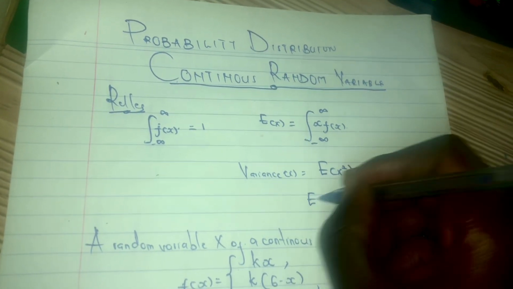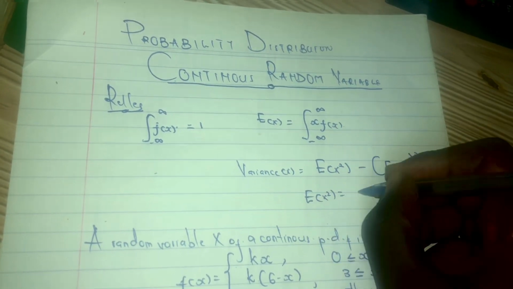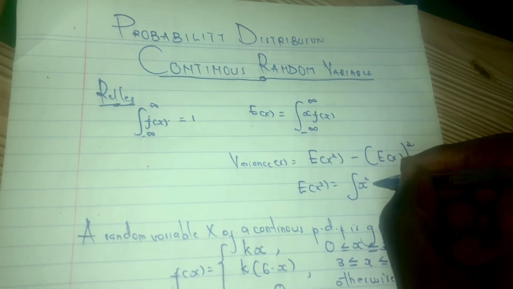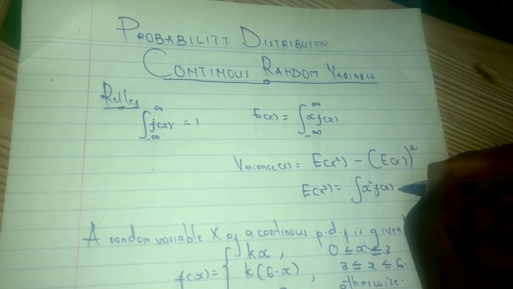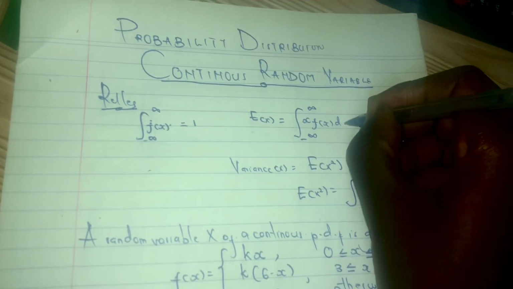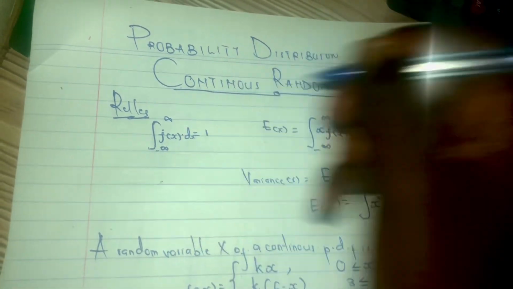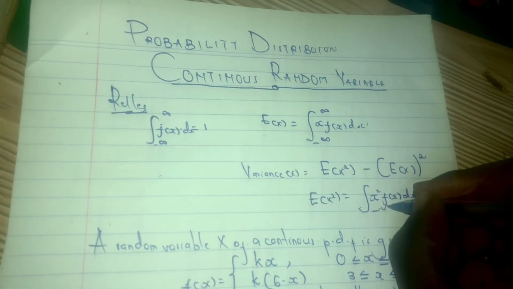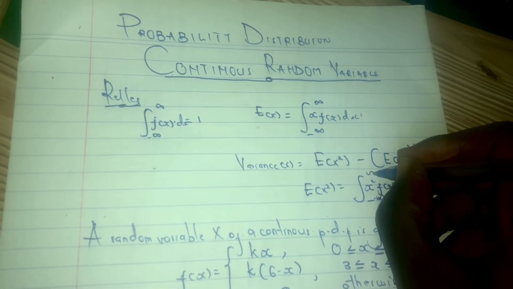But the expectation of x squared is the same as the integral of x squared times f of x dx. This is dx, and here this is dx. This is negative, and this is positive. Are we together? So let's see this question and try it out.